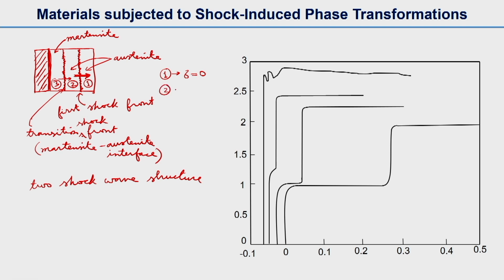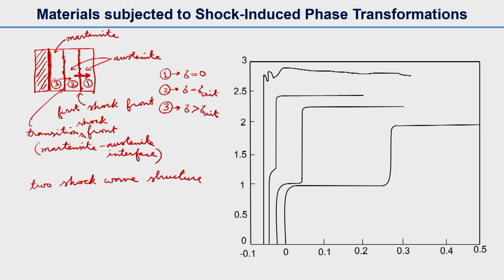Region number 2 has, let's say, sigma equal to sigma critical, but the transformation has not occurred, as you can see in the earlier slide. Region number 3 has sigma greater than sigma critical and transformation occurred.